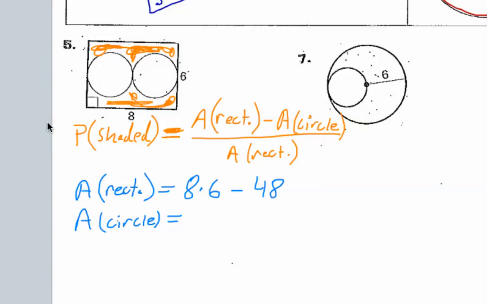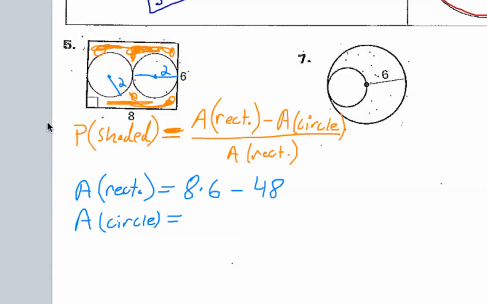If we know that the whole distance across the circle here, and I'm going to erase this line in a second, if we know that blue line is 8, then one diameter is 4, and one radius must be 2. That's true for both circles. The radius of the circles is 2.